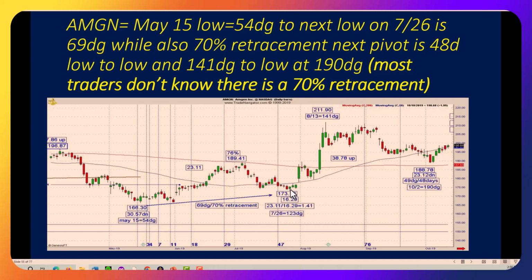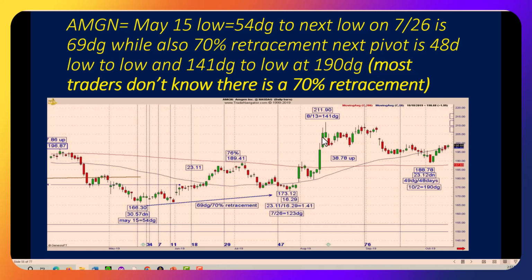I'm here to tell you that a retracement value can be any value, and what ends up happening is that it replicates. So here in this case, you've got 2311 points up, 16.29 points down. The ratio is 141, right?